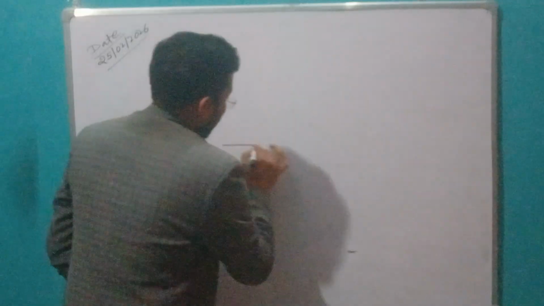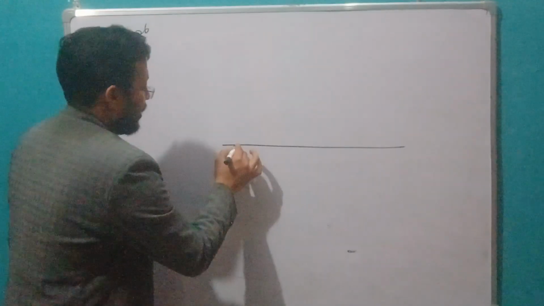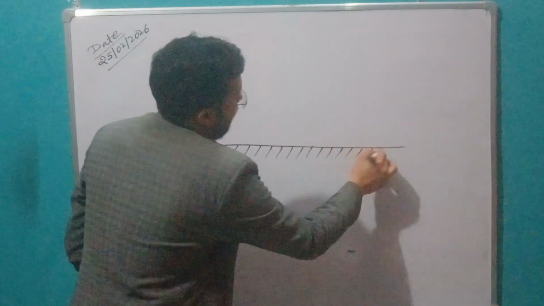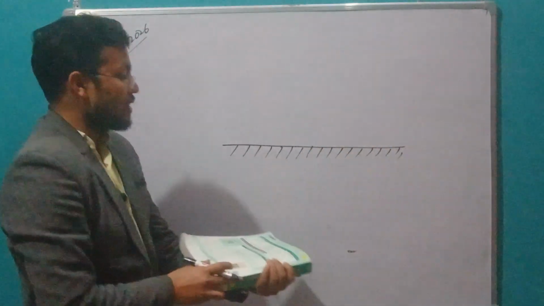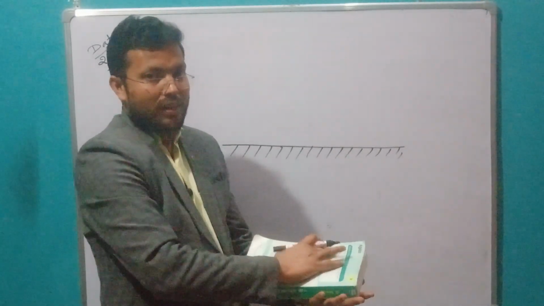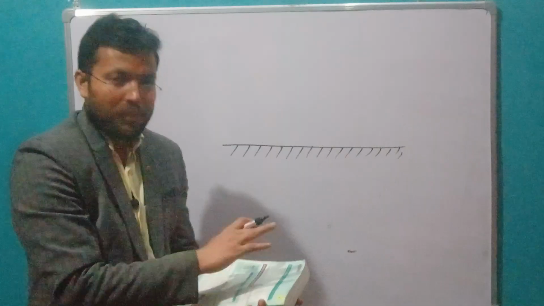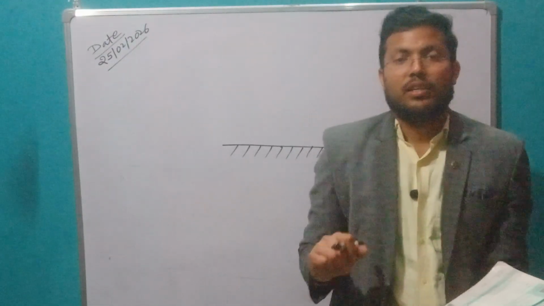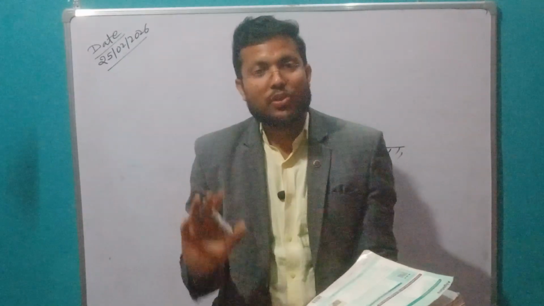This is the mirror, the plane mirror, smooth and plane. It never allows light to pass through it because one surface of this mirror is polished. They do not allow light to pass through them.